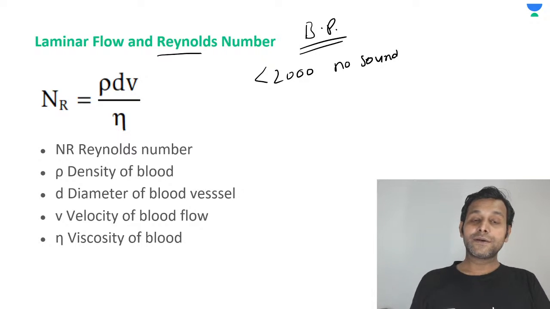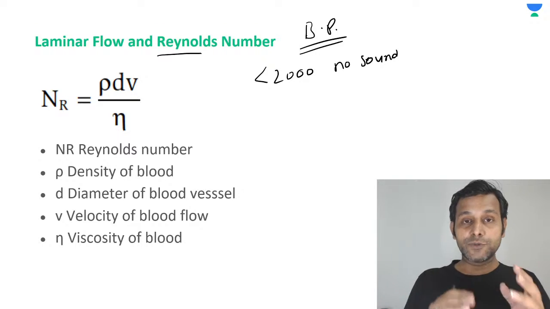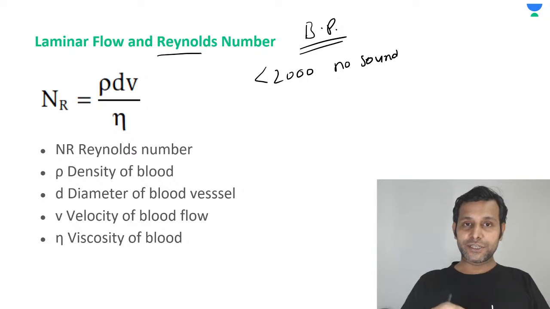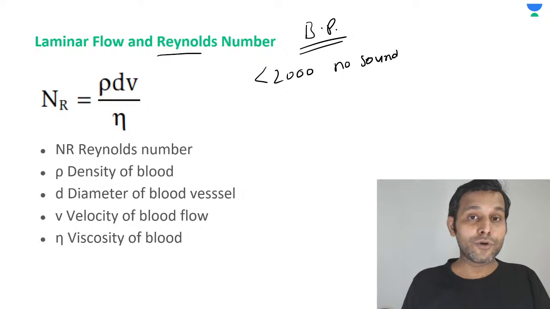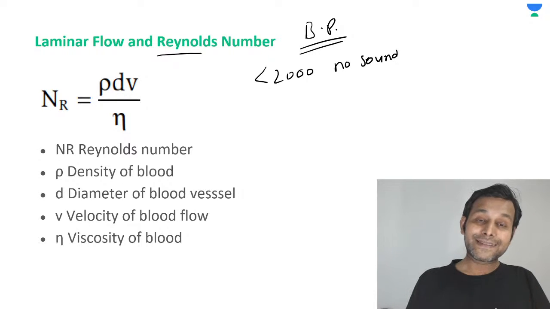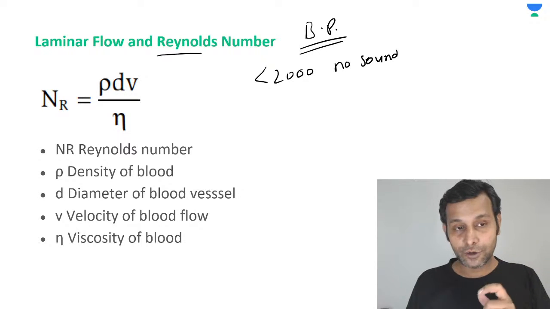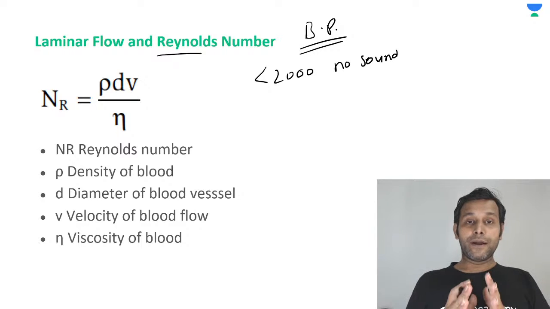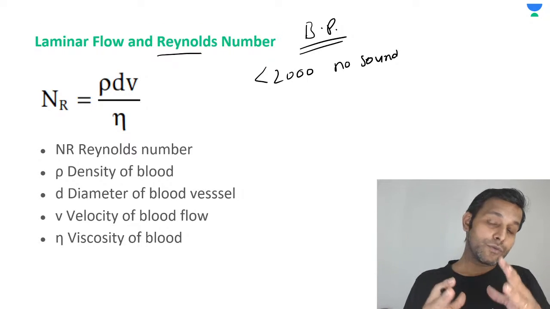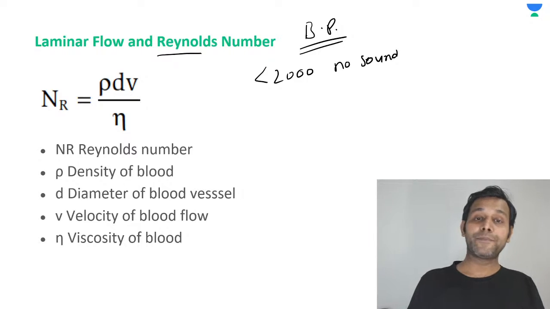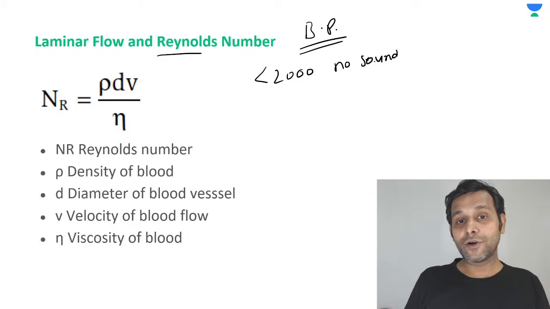But to create a sound, there should be a particular amount of energy in terms of number. The laminar flow will not always create a sound unless it has that much of a Reynolds number. So the blood pressure recording method has one flaw in hypertensive patients, which is called the auscultatory gap.